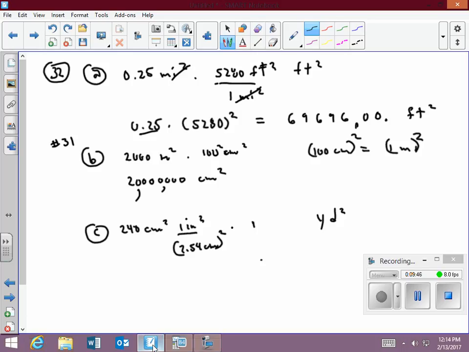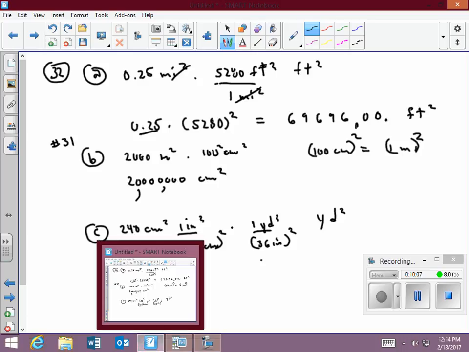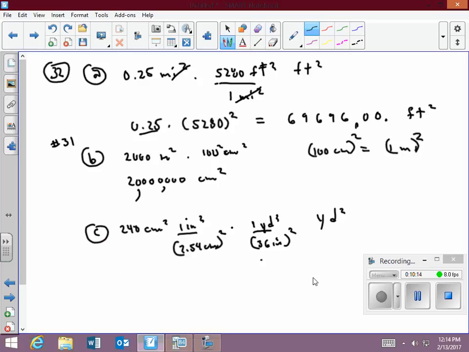So 1 yard squared, there's 36 inches in a yard, so we got to square that. So I gotta divide that by 2.54 squared and then 36 squared.